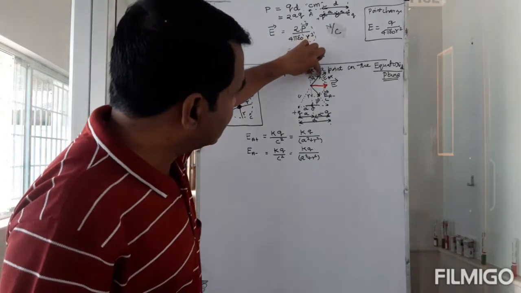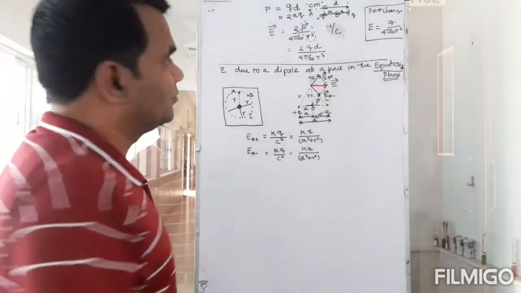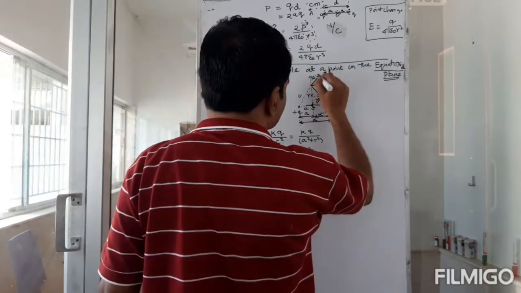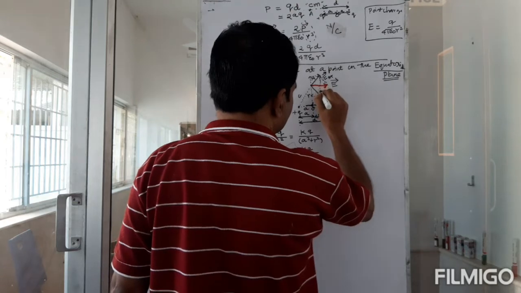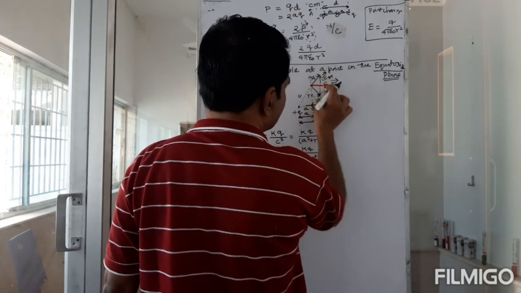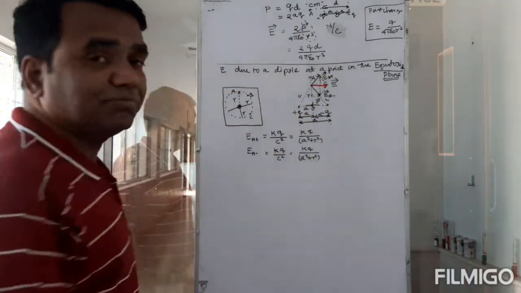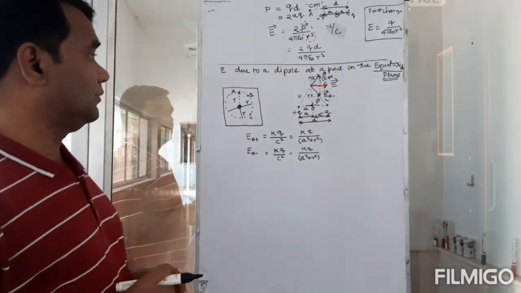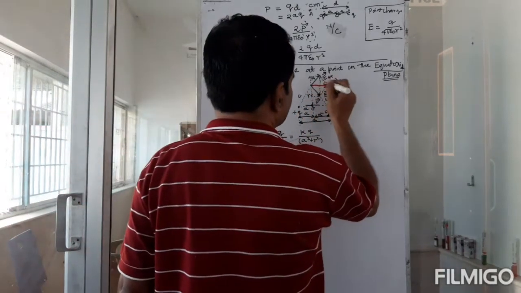If we can find this, then twice that would be the length of this vector. This one plus this one will give you this E, right? Now the question is: how do I find this?